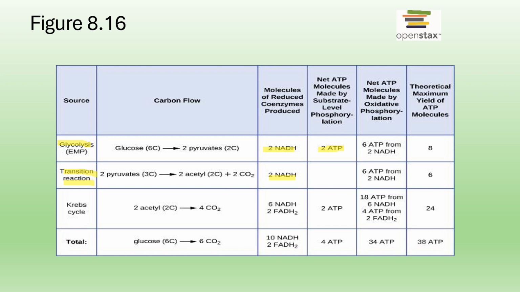In the Krebs cycle, remember you went around that cycle twice, so you have 6 NADHs and 2 FADH2s. So what is your total? Like I just said, you had 10 NADHs and 2 FADH2s.